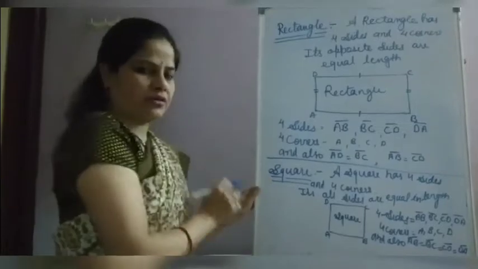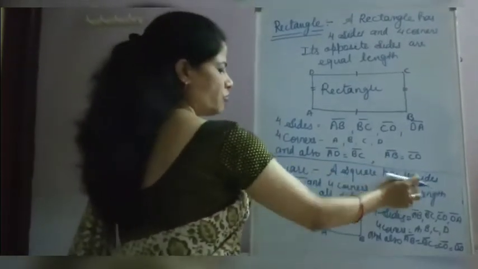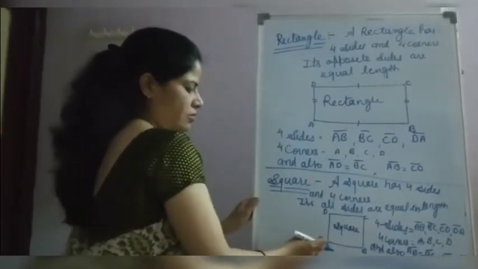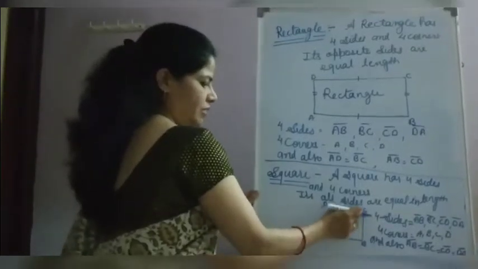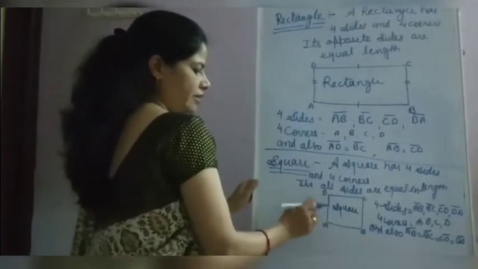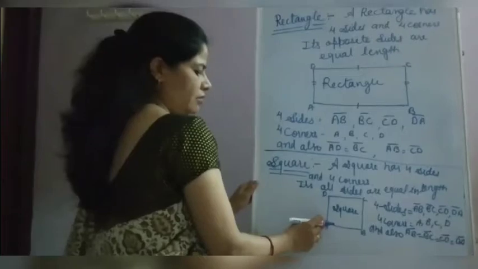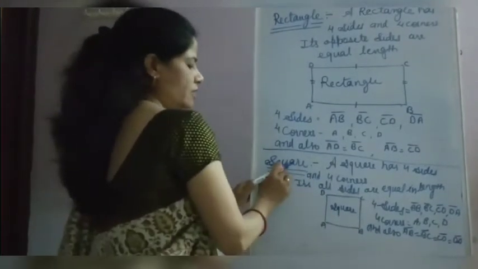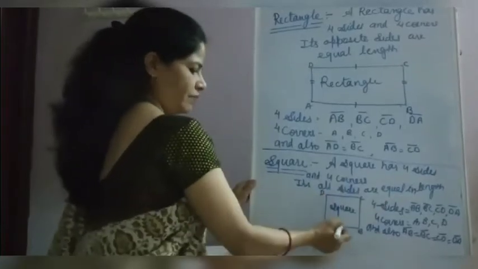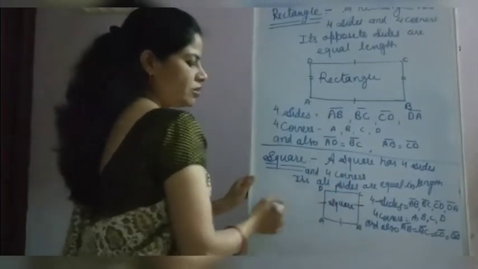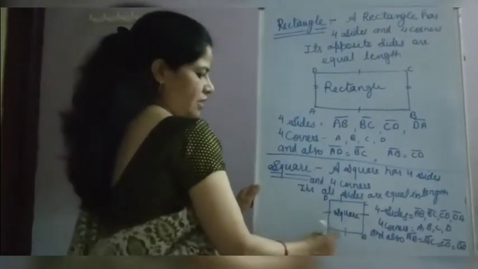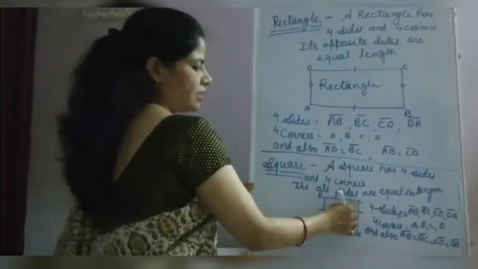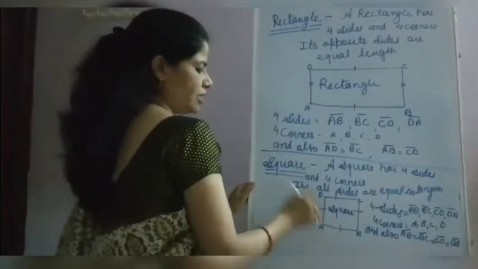Now, square. A square has 4 sides and 4 corners. 4 sides AB, BC, CD and DA. And 4 corners are A, B, C, D. In a square all sides are equal. In a square all the 4 sides are equal, meaning AB equals BC equals CD equals DA.